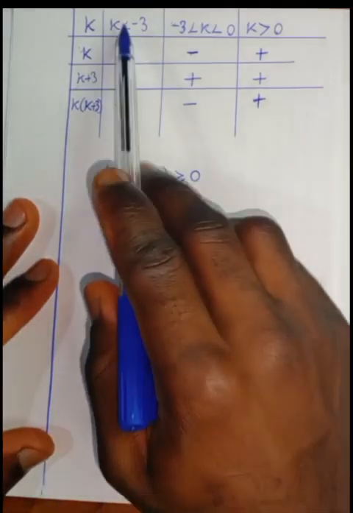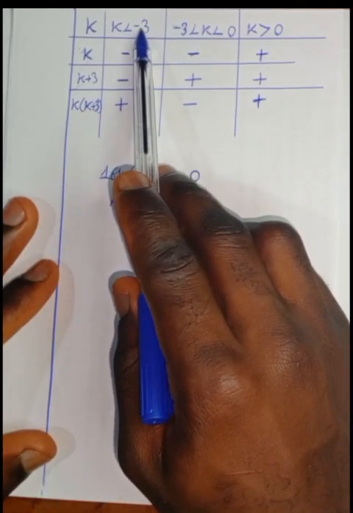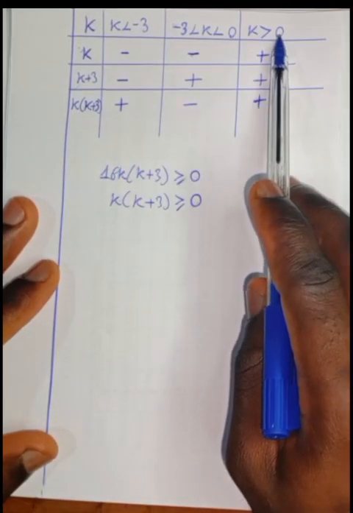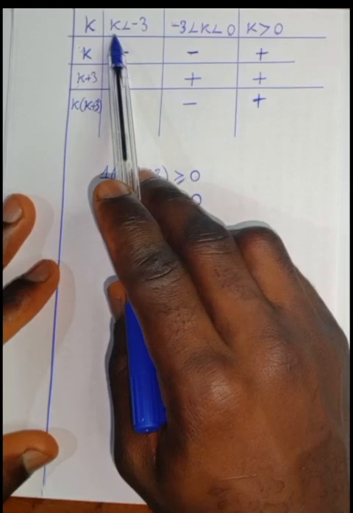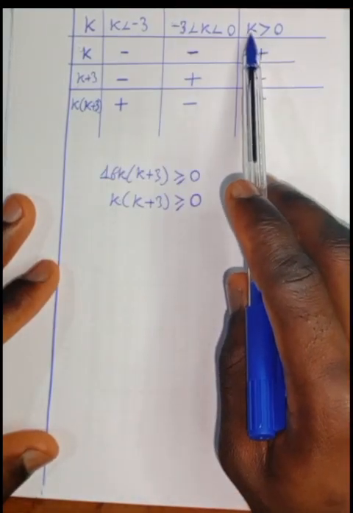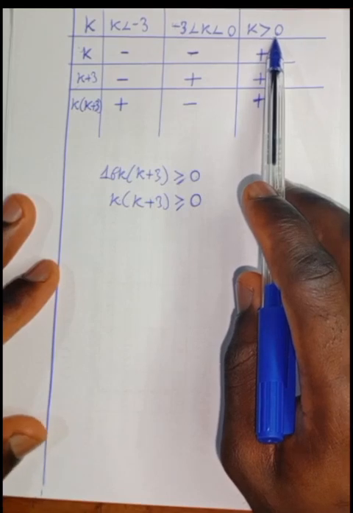So for it to be equal to 0, we know k will be equal to -3 or k is equal to 0. So at this stage now we are going to state it by saying k is less than or equal to -3 or k is greater than or equal to 0.